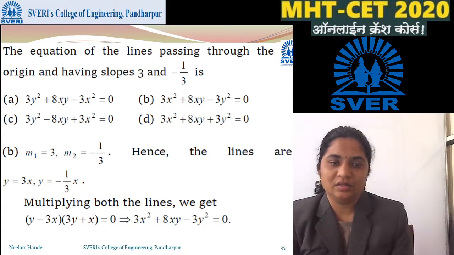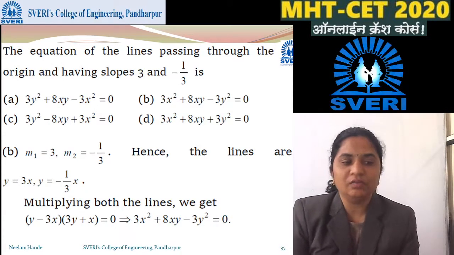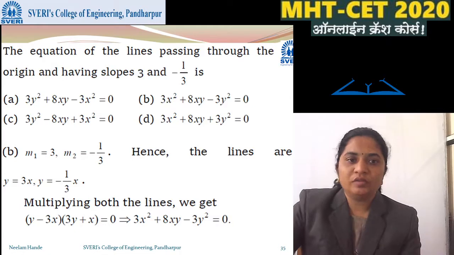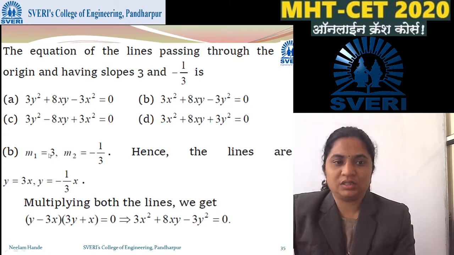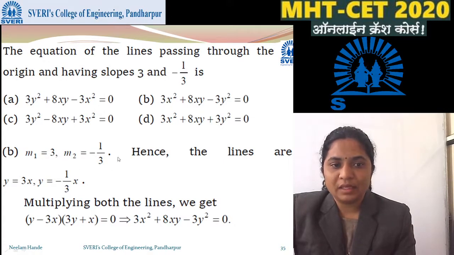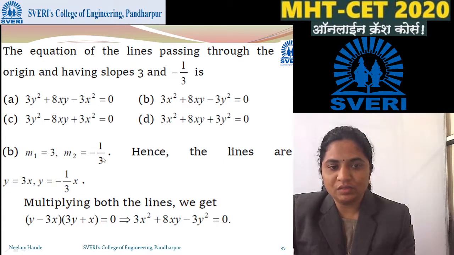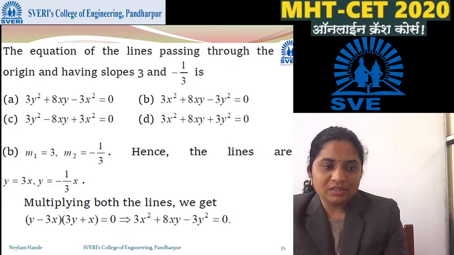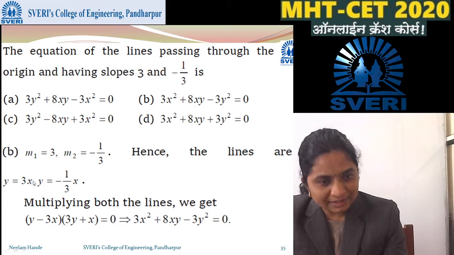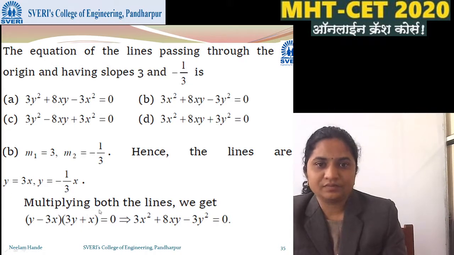So for the first slope, the equation becomes y is 3x. The second slope is minus 1 by 3, so y is minus 1 by 3 x. Solving a bit, we get y minus 3x for the first equation and 3y plus x for the second.